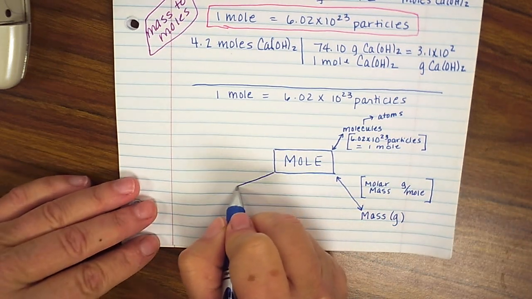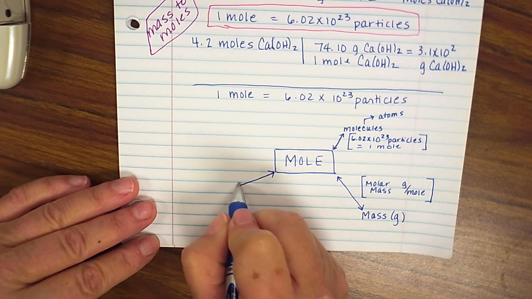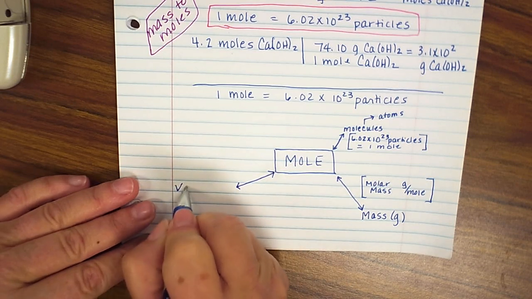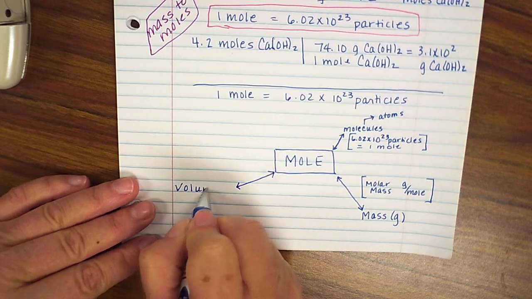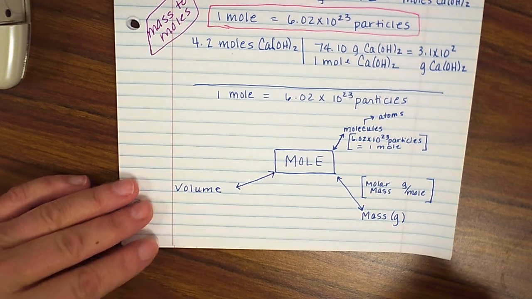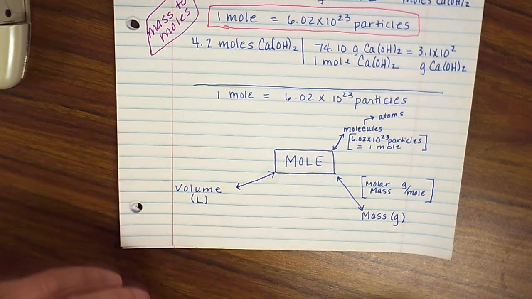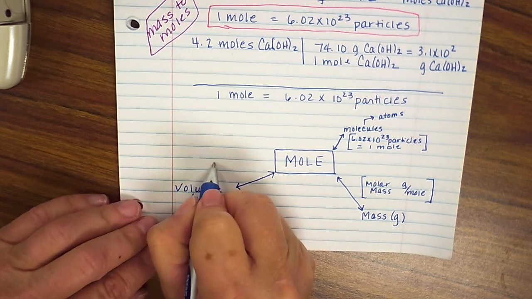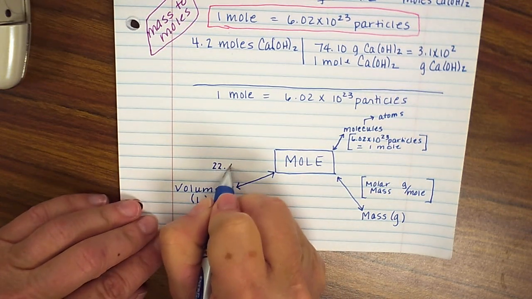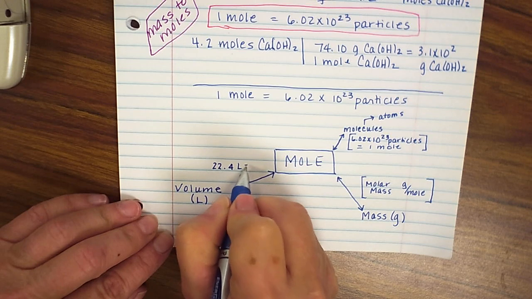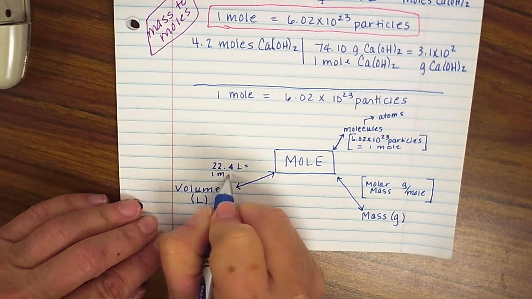Now, over on this side, for our mole tool, we can go to volume. And the volume is going to be in liters. And to do this, we're going to use 22.4 liters is equal to 1 mole.